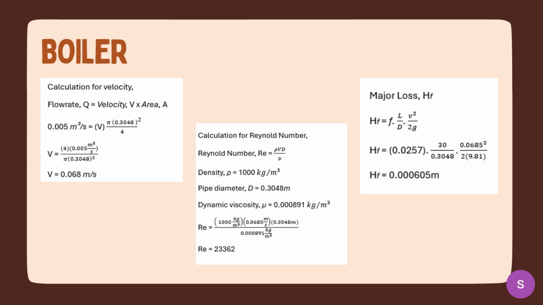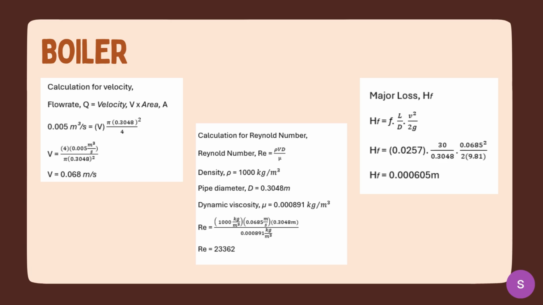Next, we need to calculate the major loss HF, and the formula of major loss is friction factor times length over diameter times velocity square over 2g. And we know that the friction factor for boiler process is 0.0257 as we calculate it in the early presentation.